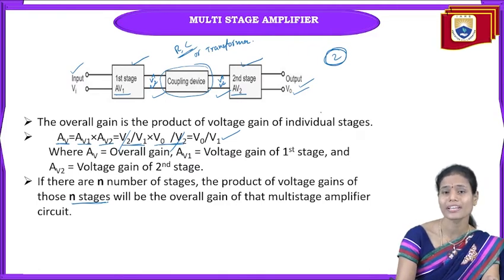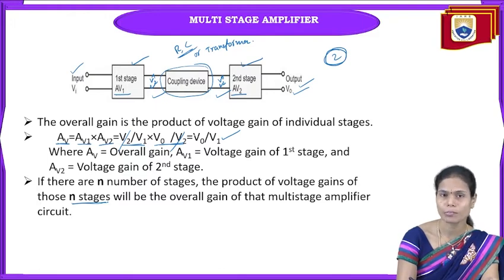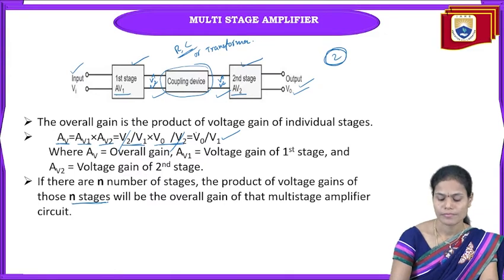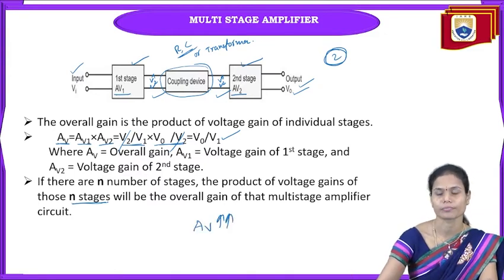If you connect n stages, you take the multiplication of the gains of all individual stages, so that the overall gain will be increasing.